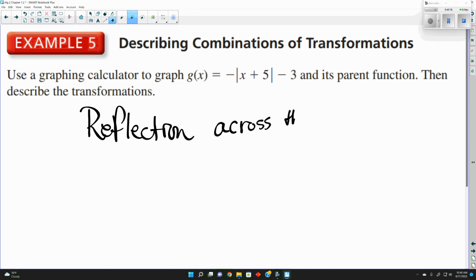Across the x-axis, because it's outside of those parentheses. Outside the absolute value would be a reflection across the x, yes? But that's not all we have. We have plus 5 inside, which would be left 5, because it's the opposite of what we think. But we still have one more. We have the minus 3 outside, which would be down 3.